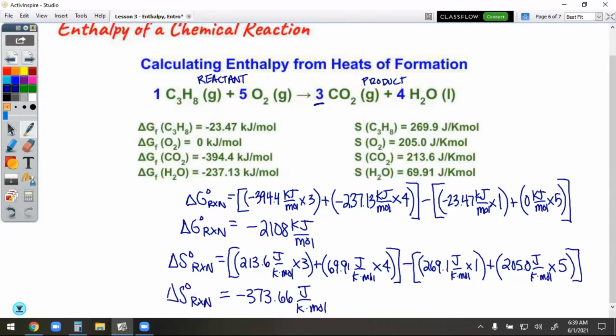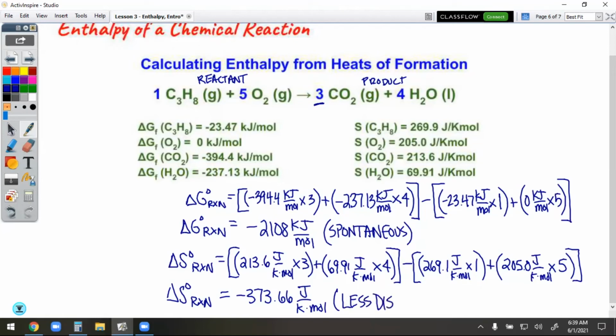So let's take a look at the meaning of the two values that we just calculated. A negative value for delta G means that the reaction is spontaneous, so it will occur. And a negative value for delta S means that the reaction is actually less disordered.